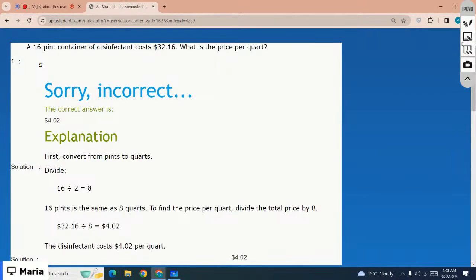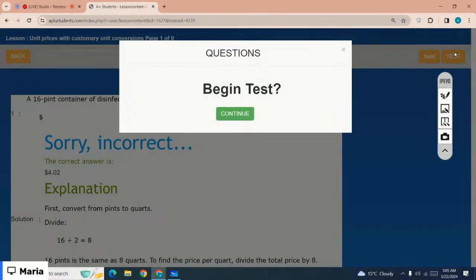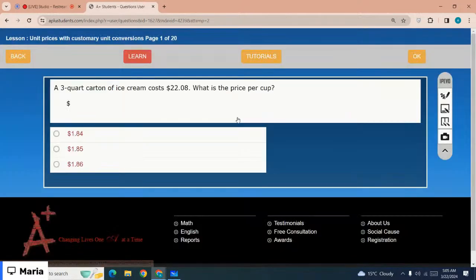So let's start with the test questions. A 3 quart carton of ice cream costs 22.08. What is the price per cup? Here you have to convert from quarts to cups first.